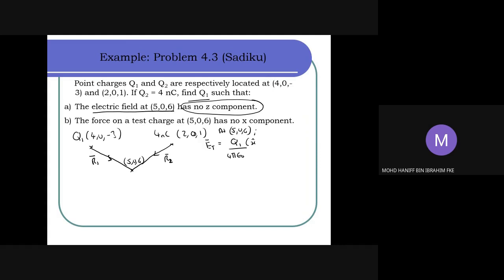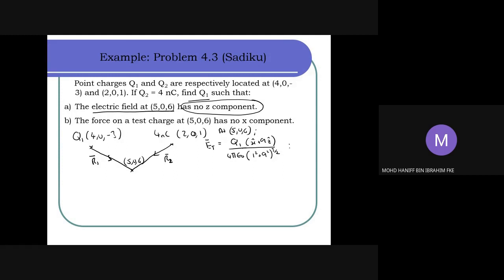There is no Y contribution because 0 minus 0 is 0. And for Z, that should be 9 Z. That is the vector R1. Then the R1 magnitude is 1 squared plus 9 squared, to the power of 3 over 2. That is the contribution of the electric field by the charge Q1 at the point (5, 0, 6).